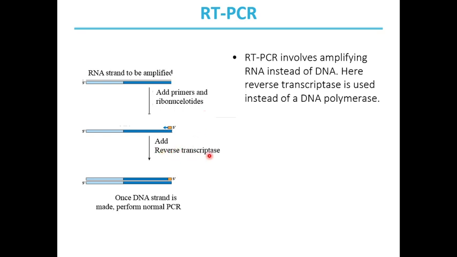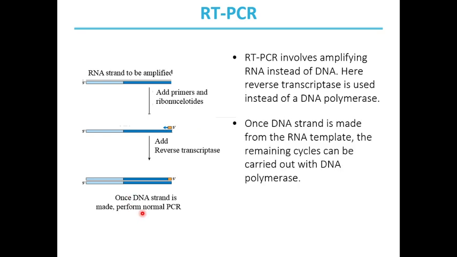Then reverse transcriptase is added, which transcribes or converts the RNA to DNA. Once a DNA strand is made from the RNA template that was originally present, the remaining cycles can be carried out with DNA polymerase, and normal PCR can be performed.